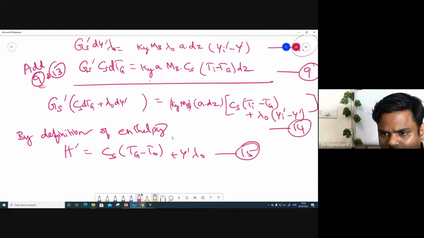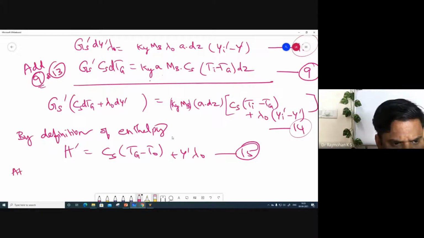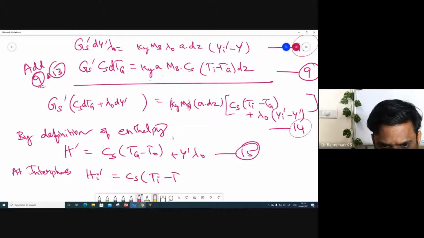Let it be equation number 15. At the interface, what will be the thing? At the interface we can write Hi' is equal to Cs into (Ti minus T naught) plus Yi' into lambda naught.